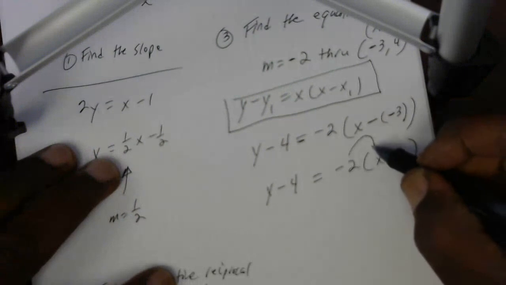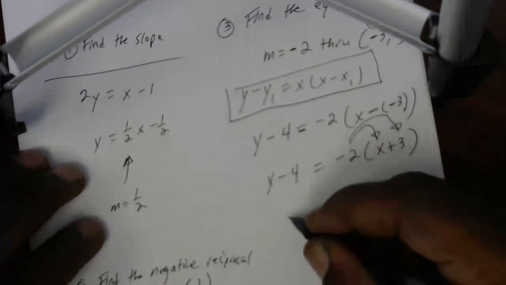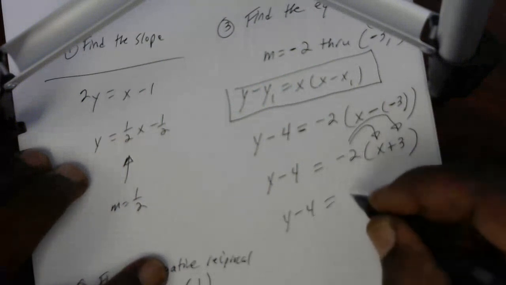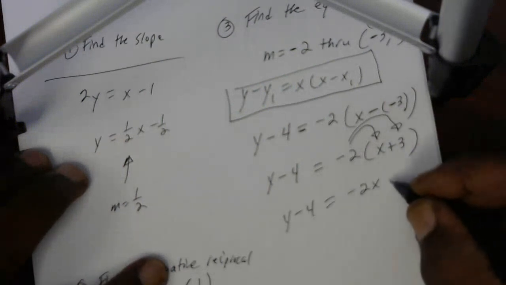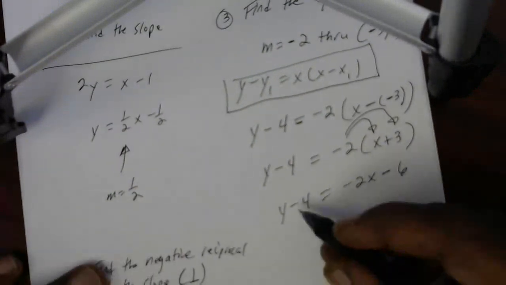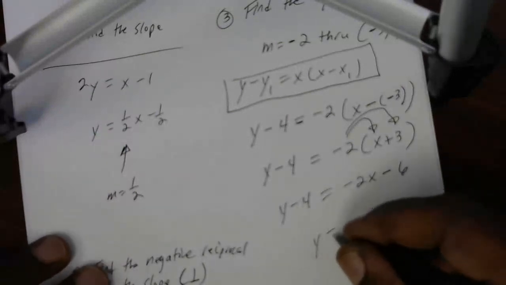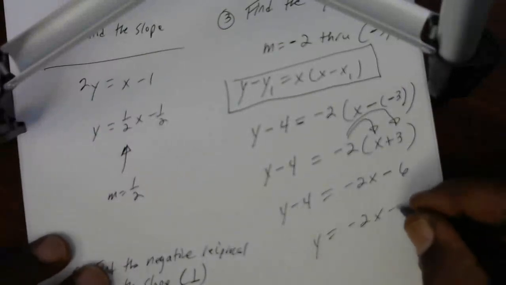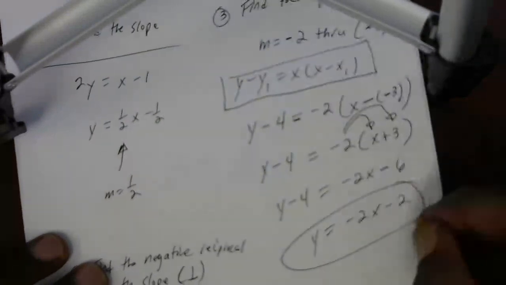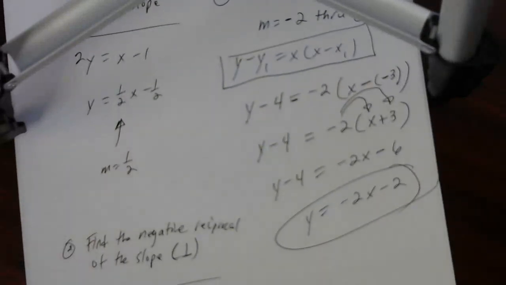And I'm going to remove the parentheses on the right-hand side. y minus 4 is equal to negative 2x minus 6. I'm going to add 4 to both sides. And y is equal to negative 2x minus 2.